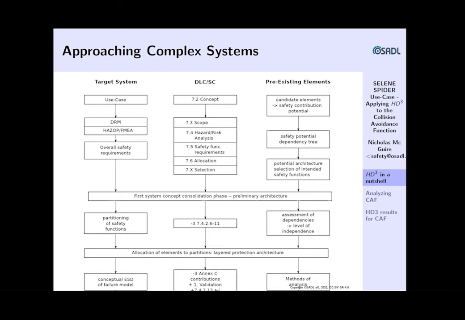Or as Franz mentioned before, 2 different versions of ROS, and then you can look at these element candidates and say which potentials do they have. Even if they were not developed for safety, we can look at safety potential. Which diversity do they have? Do they have timing guarantees? Do they follow coding standards? Are they well specified? And so on. You basically are getting a good point, bad point list to enable you to do proper allocation in the context of your use case.